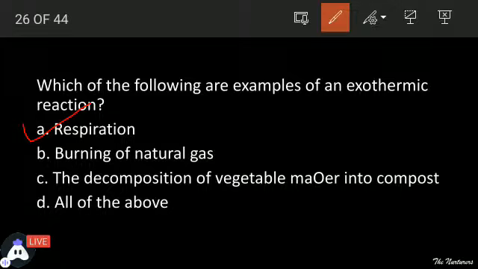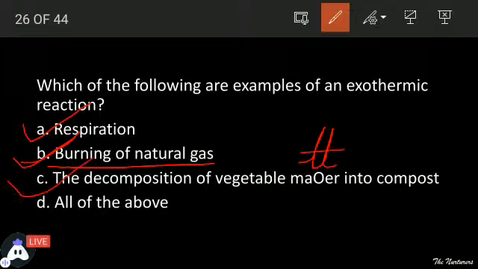Burning of natural gas, yes, since when the gas gets burned, it releases a large amount of heat, and since the heat is released, it is an example of exothermic reaction. Third, the decomposition of vegetable matter into compost. Yes, the heat is released in this case as well, and since all the three are an example of exothermic reaction, the correct answer would be all of the above.